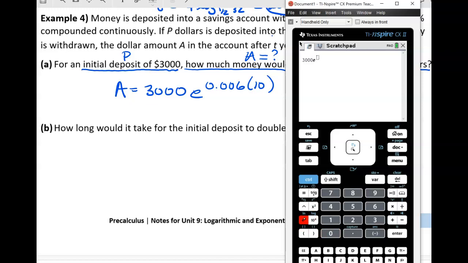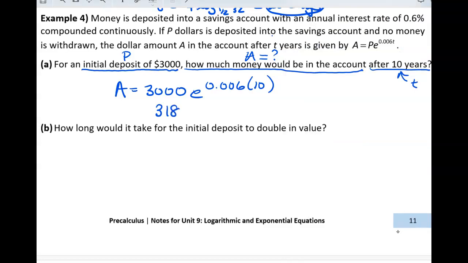Don't worry if you try to use the alpha key by mistake, the calculator will yell at you. It'll tell you it doesn't know what you mean, and that's okay. You'll just know that you have to use that E to the X button. So E raised to the 0.006 times 10. Enter.